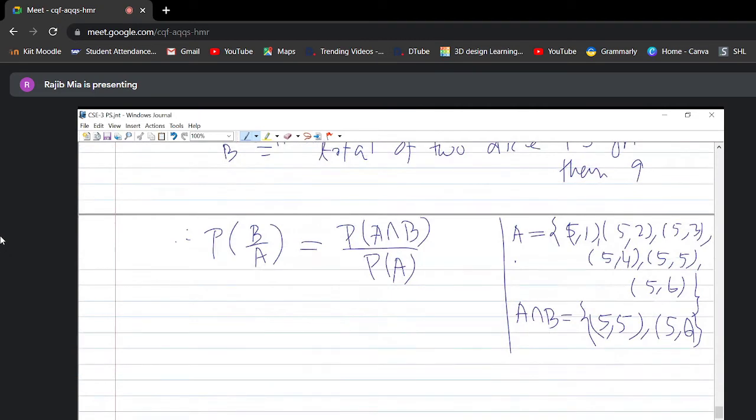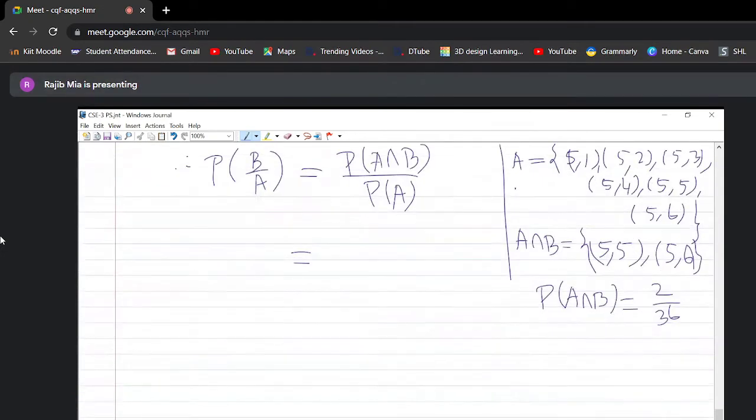So from here you can easily find probability of A and probability of A intersection B. Probability of A intersection B is the number of outcomes in A intersection B, that is 2, and the total number of outcomes is 36. So this is 1 by 18.